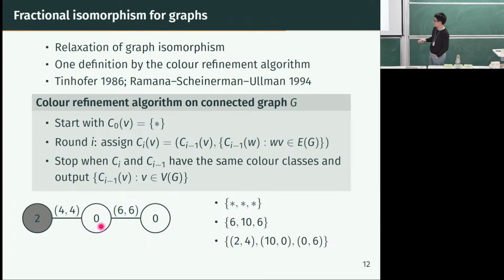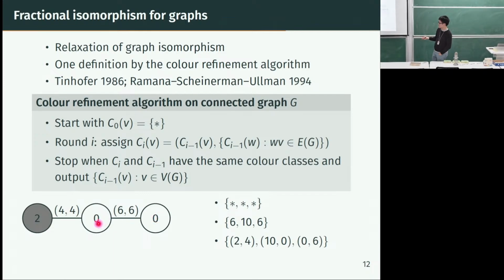As for vertices in the second part, they have 4 neighbors of degree 6 and 6 neighbors of degree 10, sorry, 4 here and 6 here. And finally, vertices in the third part have 6 neighbors of degree 10 and no neighbors of degree 6. So I can further refine the coloring with a tuple like this.